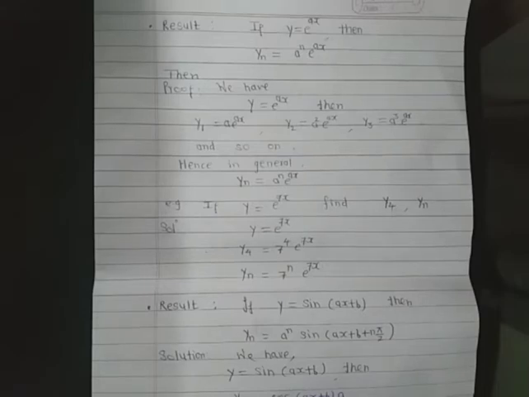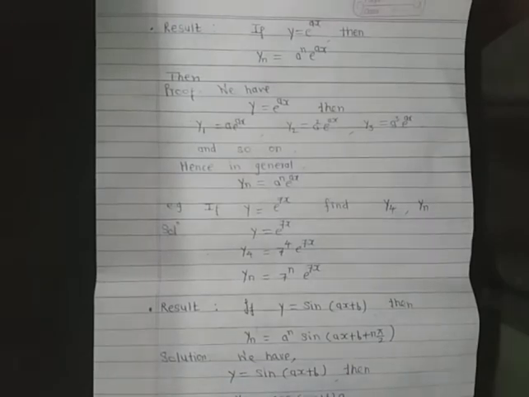Hence, in general, we get yn equal to a raised to n e raised to ax. For example, if y equal to e raised to 7x, then find y4 and yn.